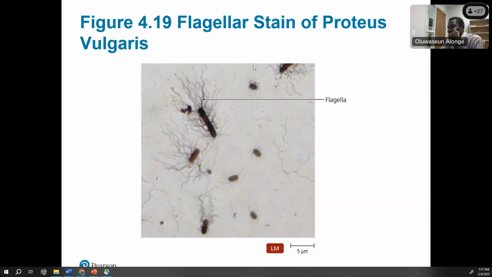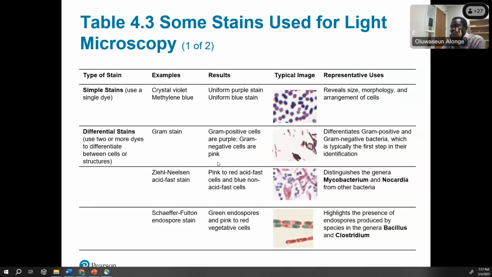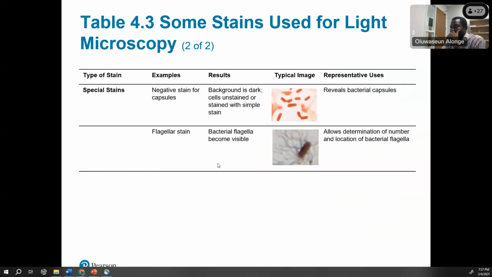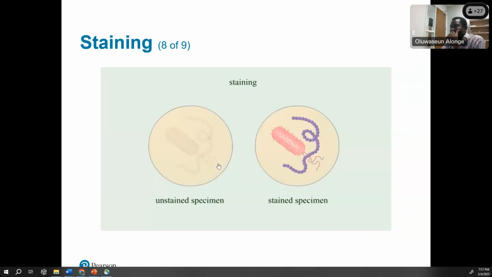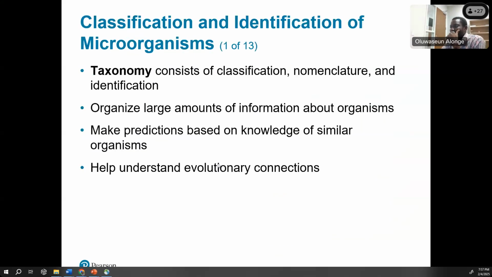This flagellar stain, the major thing it's going to do is to identify the flagella. So you see the flagella all around. And all right, this highlights the different kinds of stains that you have looked at.